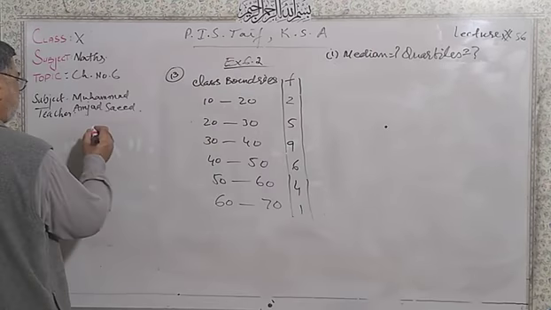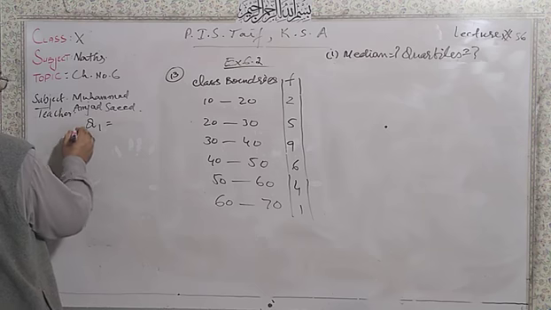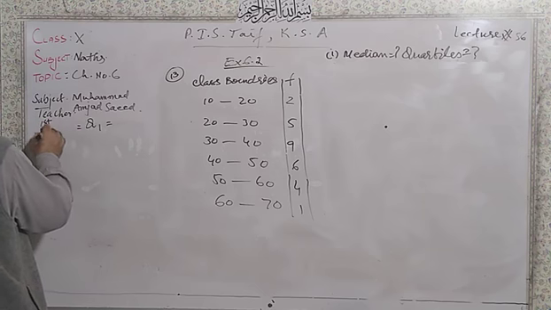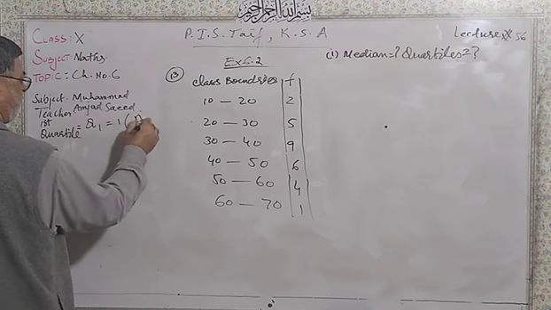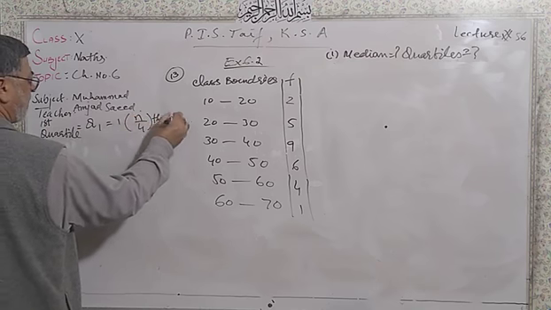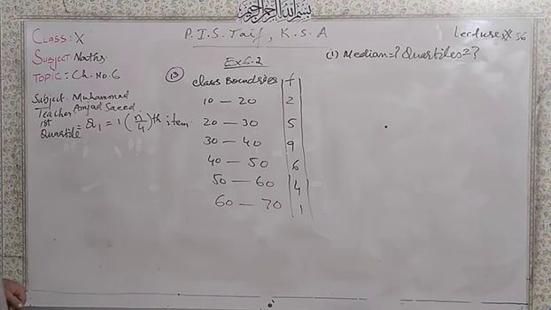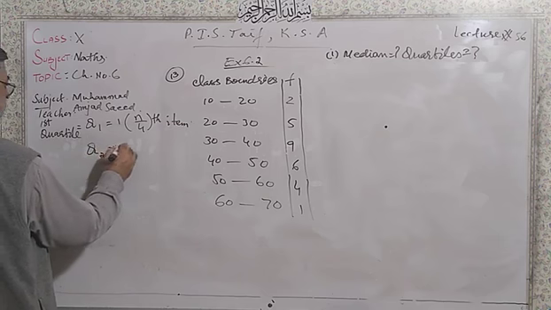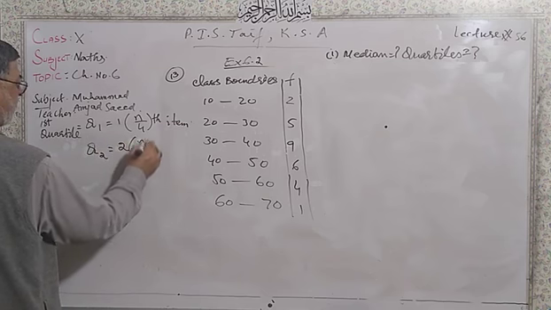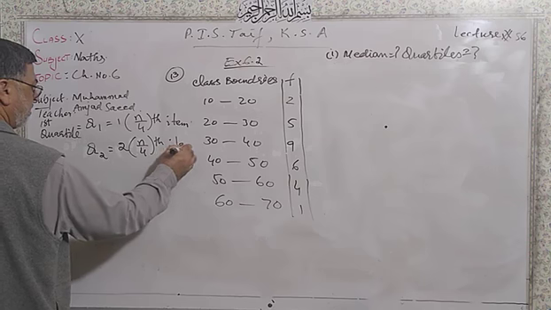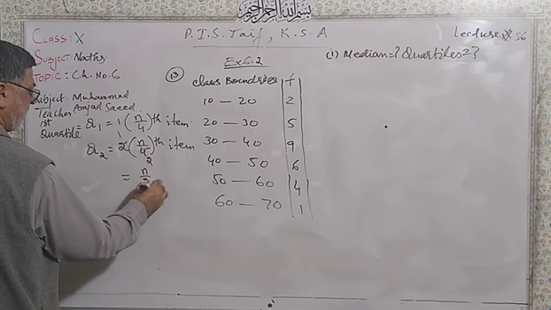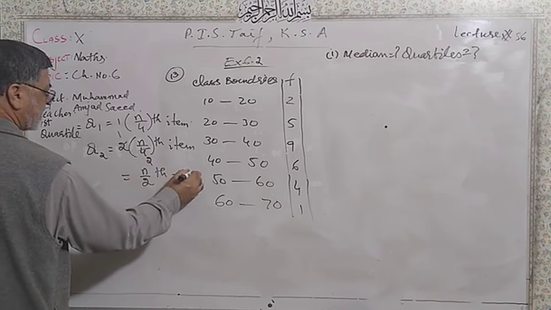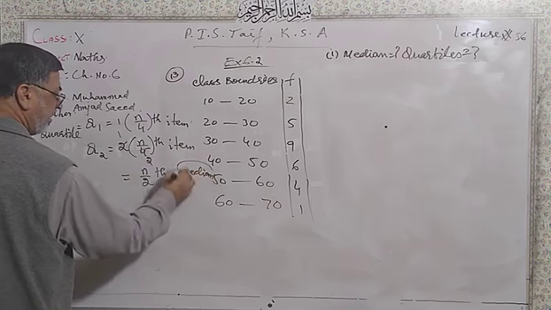So Q1 is the first quartile, that is 1 into n by 4th item. And Q2 is equal to 2 into n by 4th item, which is n over 2, and this is actually the median.